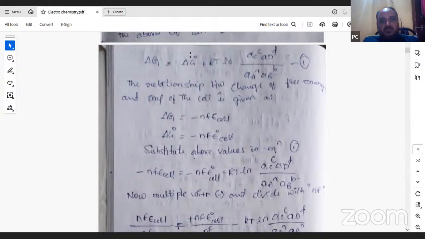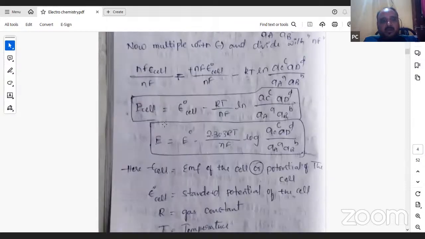Now substitute these two values in our equation and simplify, and we get the Nernst equation. That is, E cell equals E naught cell minus RT by nF ln (activity of the products divided by activity of the reactants).